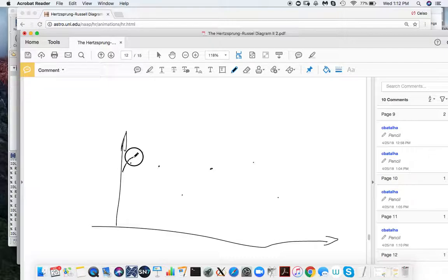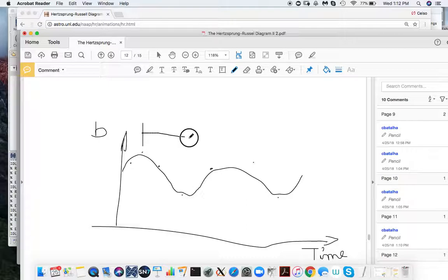And then you can say, okay, if I had enough observing time, I would see the variability go like this, right? And so this is brightness, and this is time. Time, not temperature, but time. Okay.